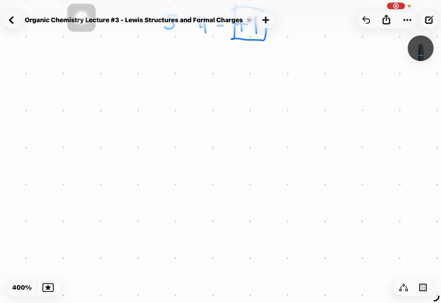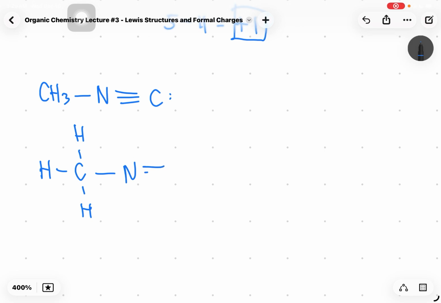Let's do another example. Let's have CH3, N, triple bonded to C. So let's expand this more. Now, what is the formal charge of C, N, and C? Let's do the carbon on the left first.